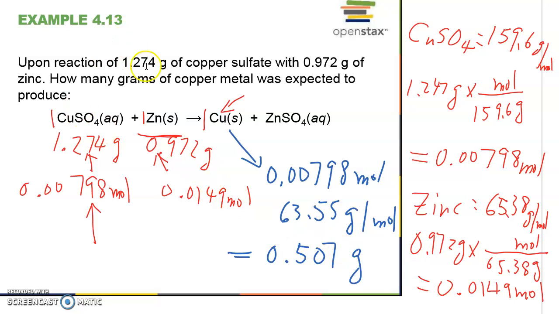Okay, let me repeat what I just did. The question gave us grams instead of moles, because when we balance the equation, the coefficients only have to do with the ratio of moles. It's the 1-to-1 ratio, and therefore we have to convert grams into moles.